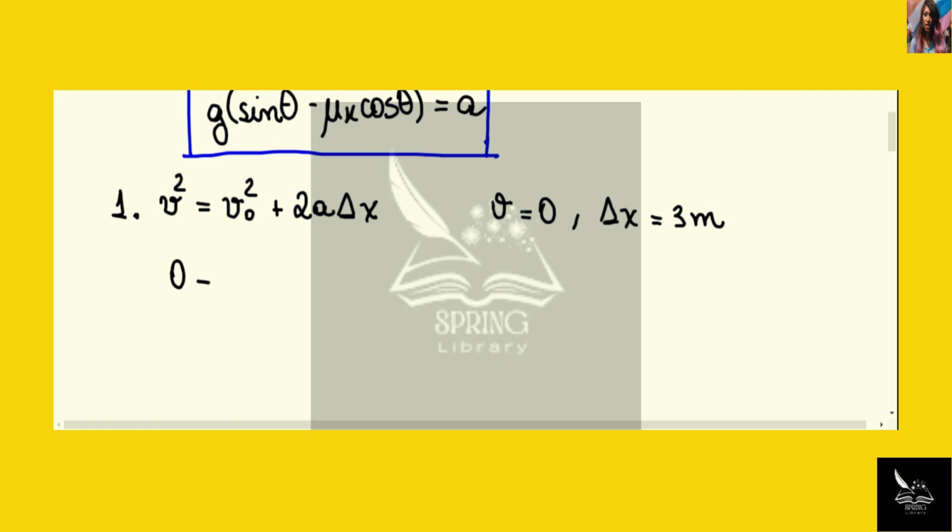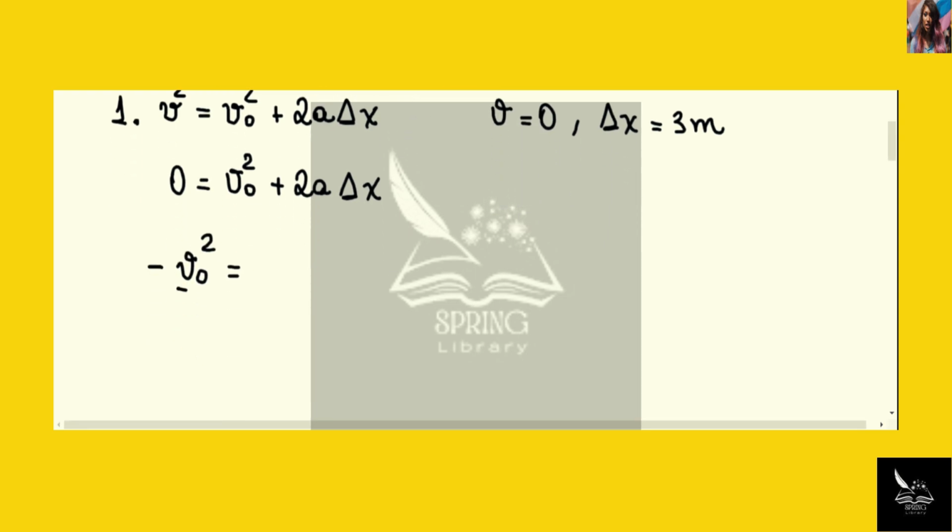So we have 0 is equal to v0 squared plus 2a delta x. So we have that minus v0 squared divided by 2 delta x is equal to the acceleration a.